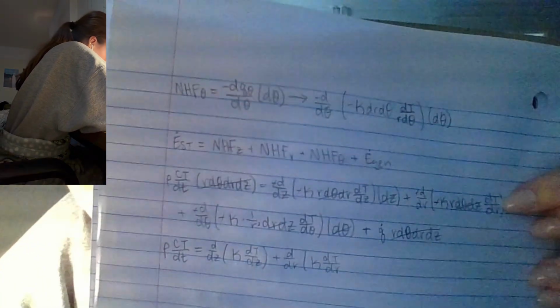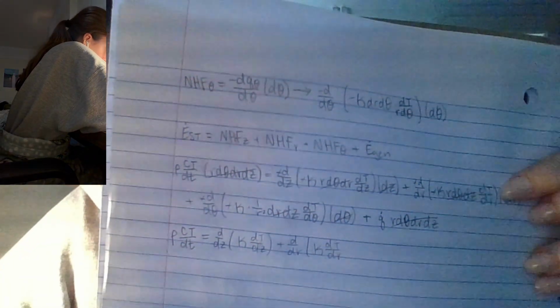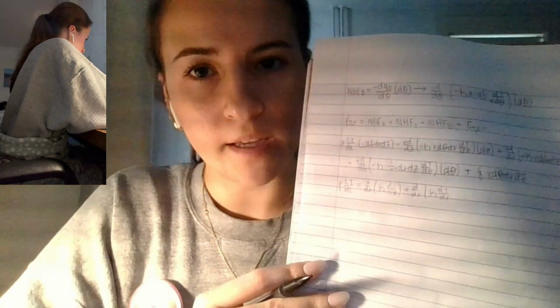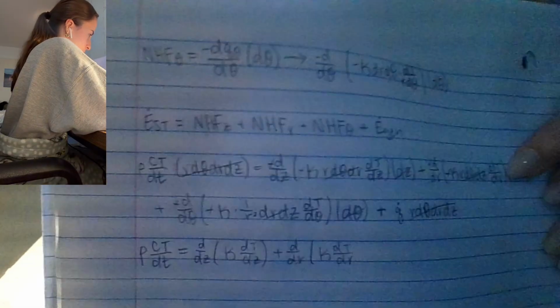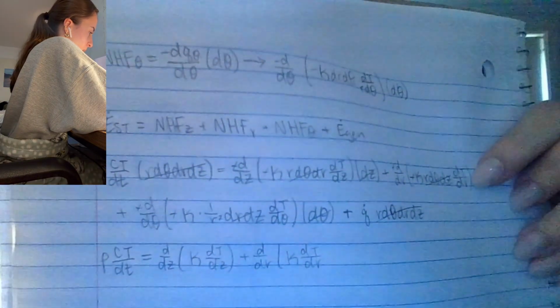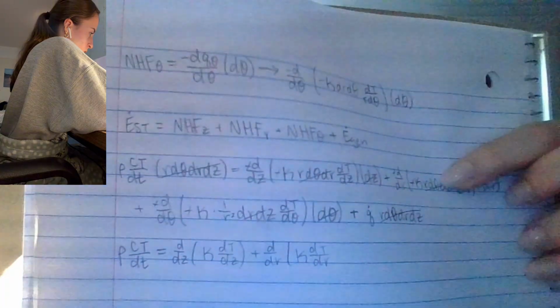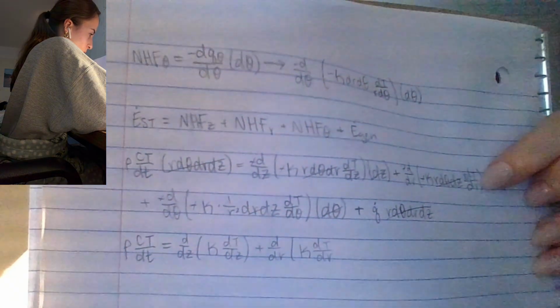And so I actually just noticed we have another issue here too. If you'll notice, this is in changes of dt over dr. So that means that we cannot cancel that r out, because it is having a derivative taken against it. So this r cannot be canceled because there's a derivative being taken against it. So in that term, we're also going to have a 1 over r as well.